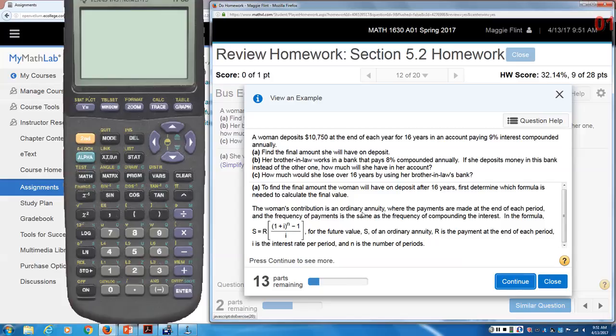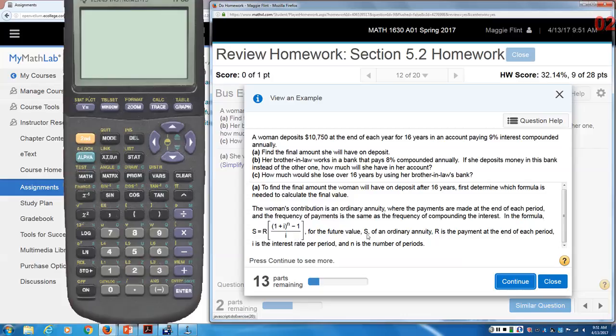And one thing you need to remember, write this down somewhere, is that in an ordinary annuity, your payment plan has your payments at the end of each period. I'm sorry, at the beginning of each period. Ordinary means beginning. Annuity due means end, because your payment's due at the end of the month, if that helps you remember. So this is the correct formula.